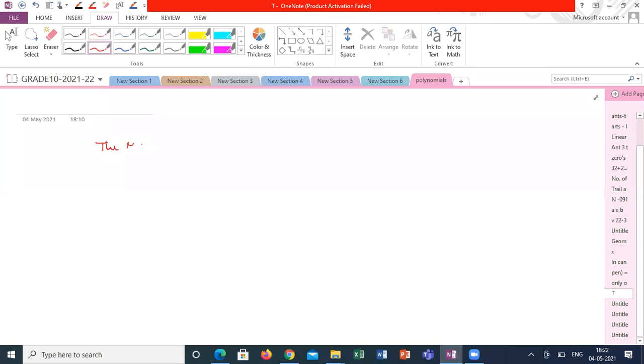So the maximum number of zeros of a polynomial is equal to the degree of the polynomial.